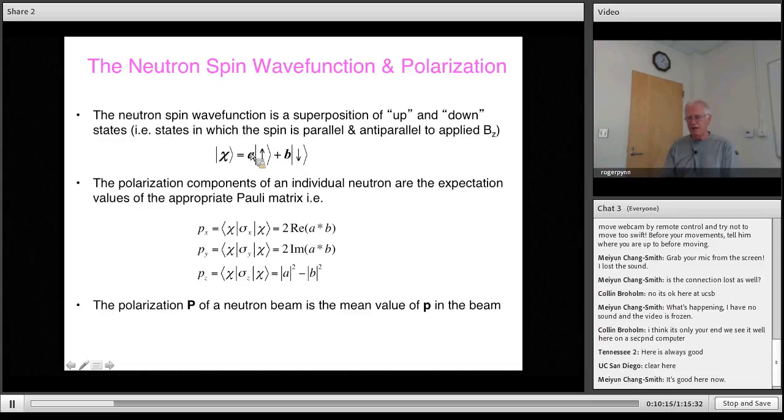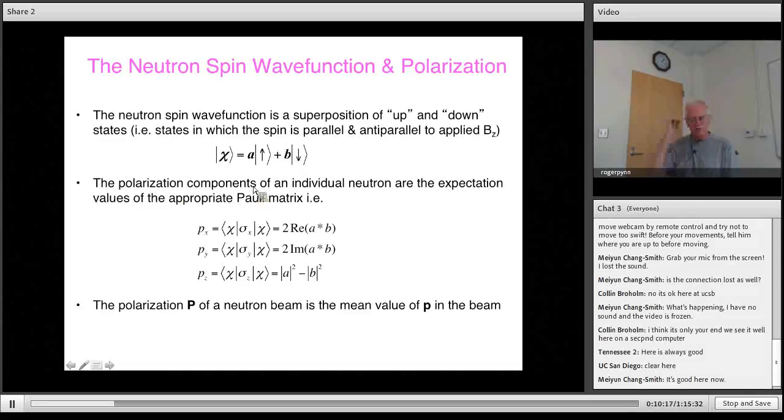Now, if you want to find out what the polarization of an individual neutron is, what you have to do is take the expectation value of, let's say, the Pauli matrix along x with this wave function chi, do the usual thing and work out the expectation value, and that will give you the x component of the polarization of the neutron.